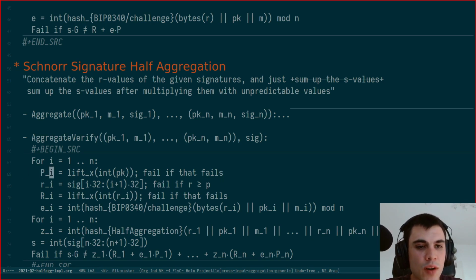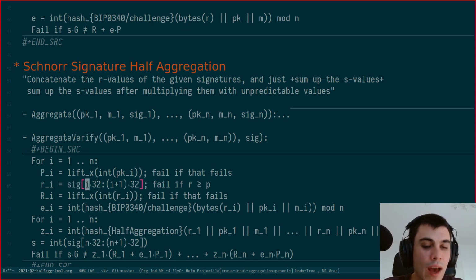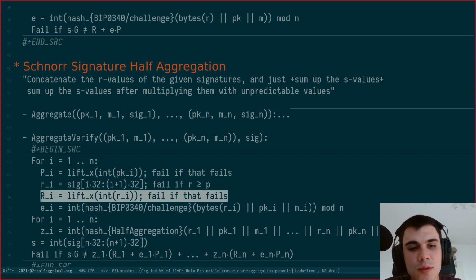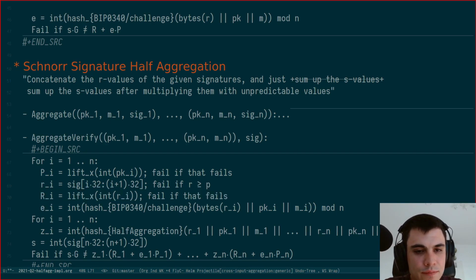So we first, from public key i, we get a public key point i. We have to look now into the signature for a specific position of the ith R value, and then we call that thing Ri, and we compute a point from it. And again, if there's no such point, we fail.